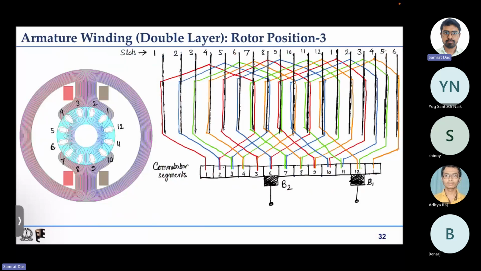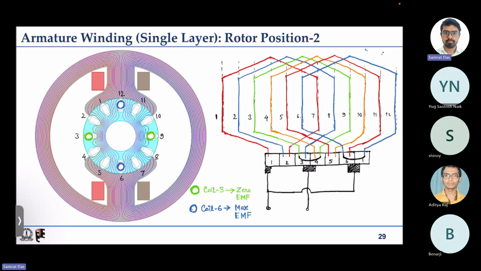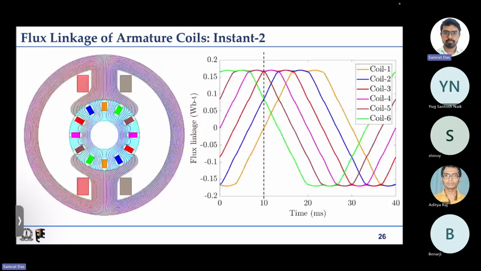We have heard the term parallel paths, number of coils, and all the coils have some induced EMF. And if we look at the flux linkage changing, the coils which come in series are basically these coils. If we remember, for this rotor position, these coils come in series, and this pink coil undergoes commutation.